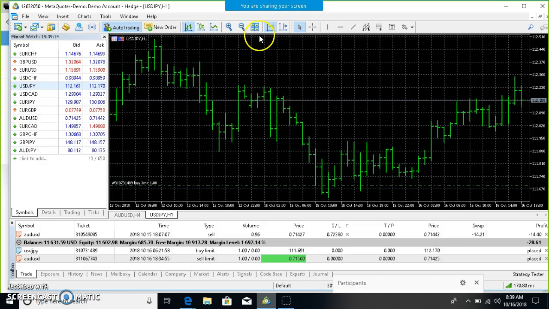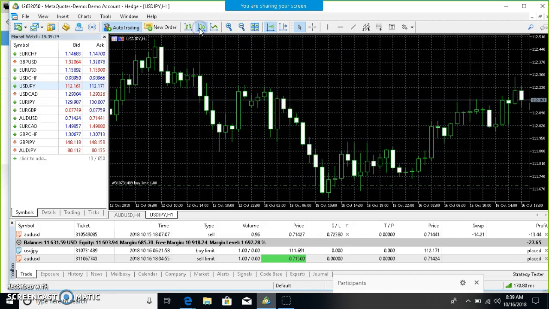Okay, this is US Japanese. So same thing. Now I'm going to turn to candlestick, right? And I'm looking at this chart. I'm saying, let me see, what am I going to do? I'm going to figure out where I'm at. I take my horizontal line, double click it, so I can bring it down. I look at, here's my resistance.